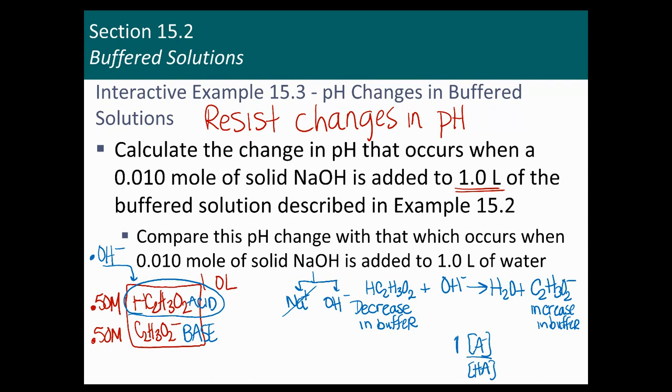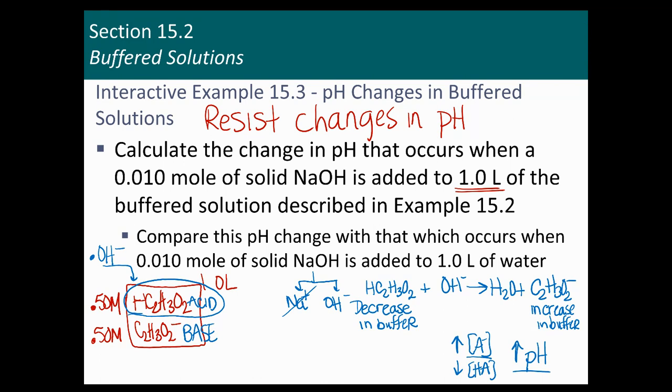You're going to increase A- and decrease HA. That's going to increase the pH, but it's going to be slight. Okay, so with this in mind, let's take a look at the calculations for this, but this is the concept.